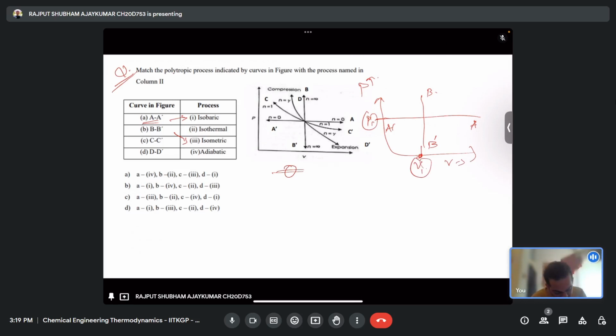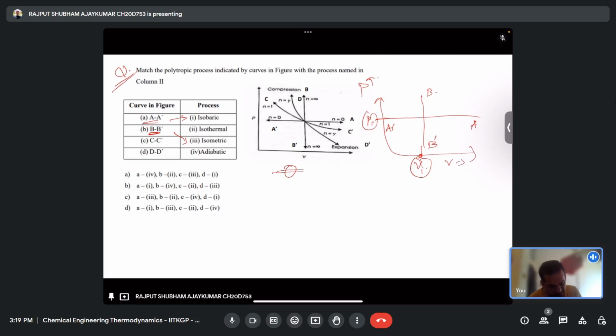Now the third is C dash. C dash is given as n equal to 1, so it is known as isothermal, and D dash is along n equal to gamma, which is known as adiabatic.